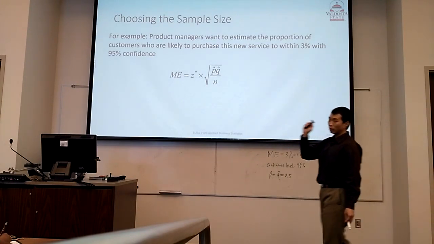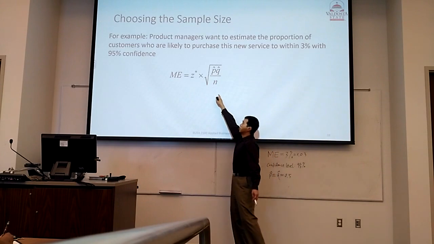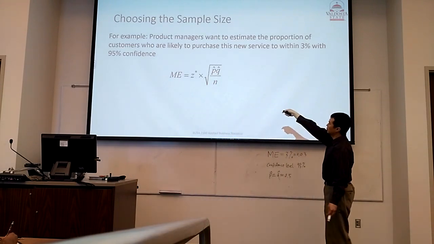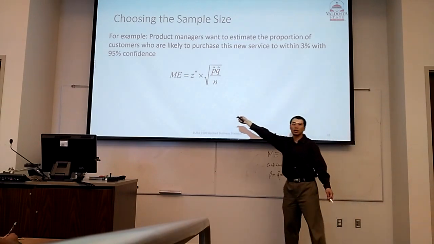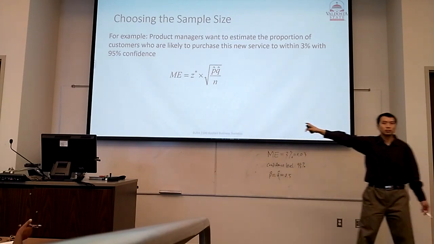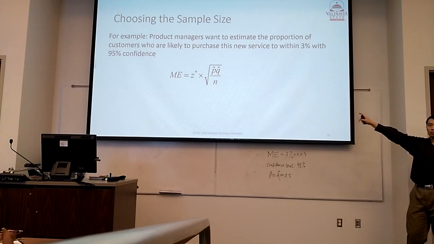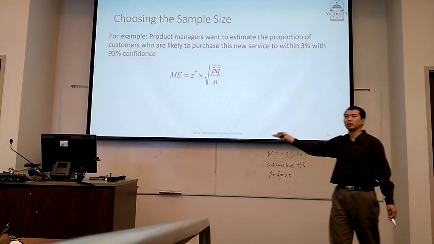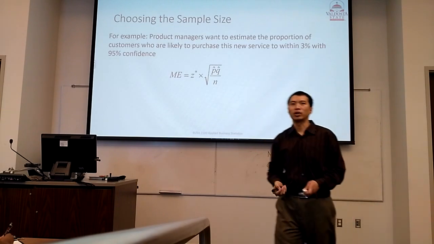So our goal is to calculate the sample size n. Now we know the margin of error, and we know p hat and q hat. So how do we find the critical value? Based on which information do we find the critical value?